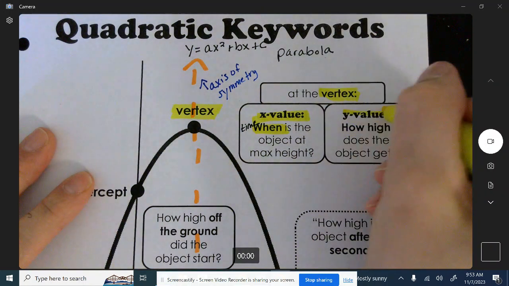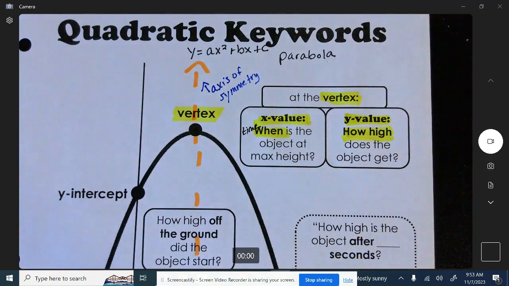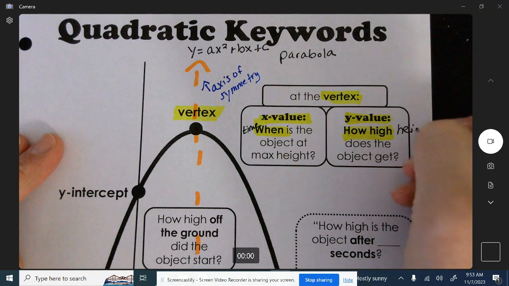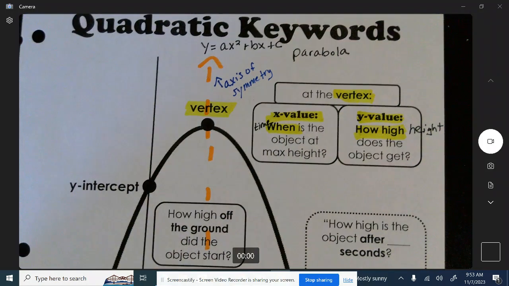The y value is how high the object gets, so the y value represents height. So your x represents time, and your y represents height.